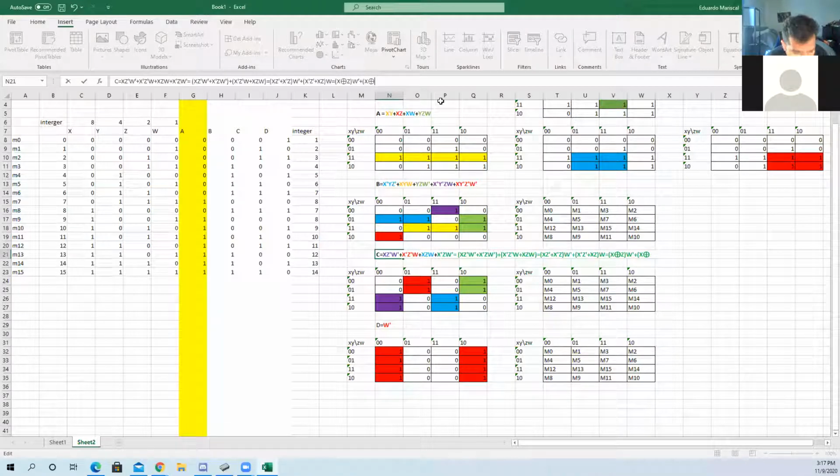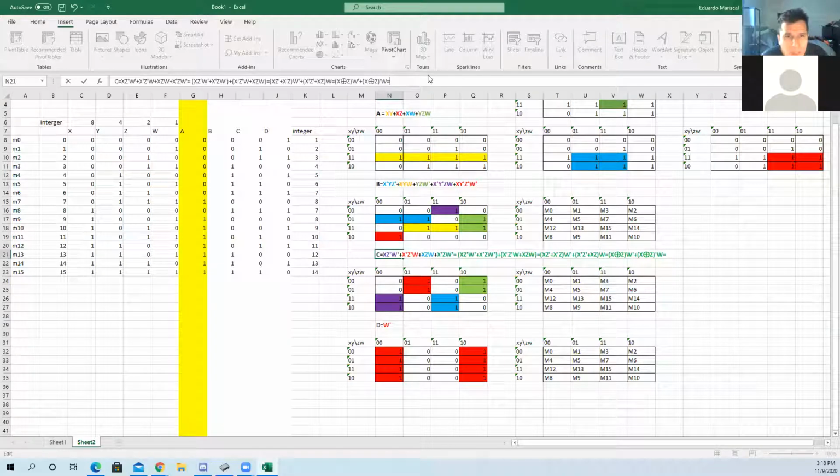Okay, Z, then W. That's supposed to be that, and that turns out to be another XOR. So this is a not. I think that's what it's supposed to turn out to be. I have to double check that this is equal to this.